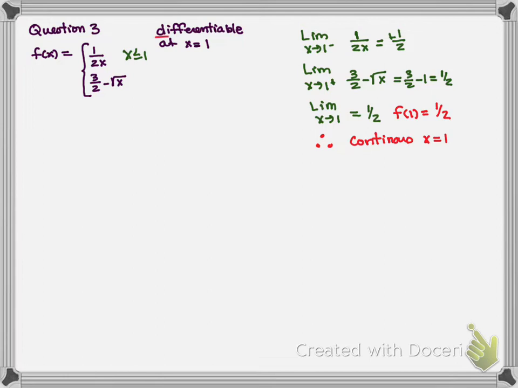Now, to show that we're differentiable, we also have to find the derivative at 1 on the minus side. Is that equal to the derivative at 1 on the right side or the plus side? But we've talked about using the limit definition to show these derivatives.